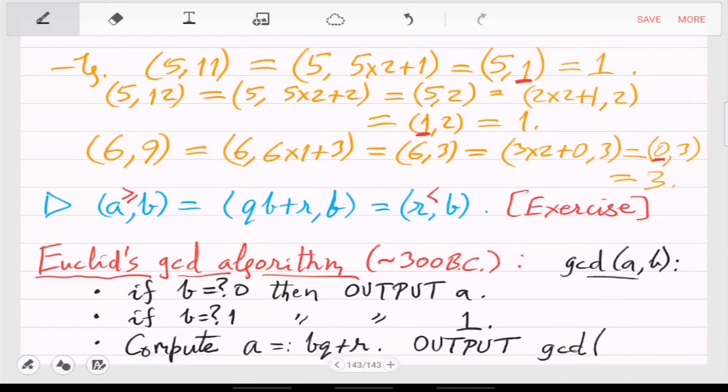Let's assume the invariant is A greater than or equal to B. So here we should send R comma B, or B comma R. Right, so then it goes back and if there is a need, it will divide B by R or it will go to the base case and output directly. Right, so this is the algorithm.